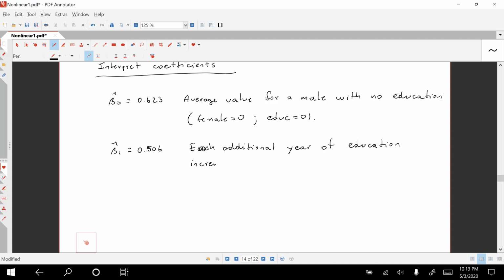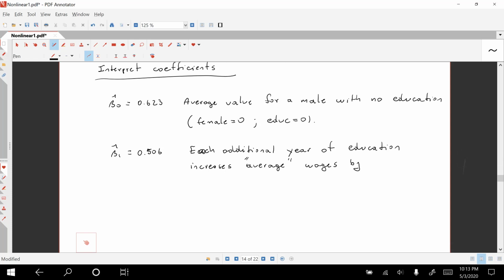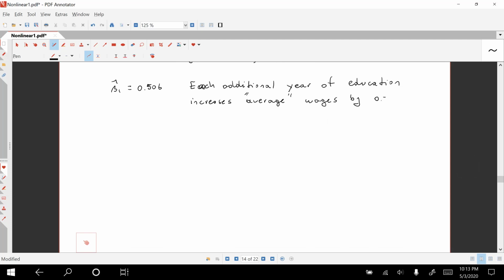Ceteris paribus in this context means controlling for other things. In this case, it would be controlling for gender.